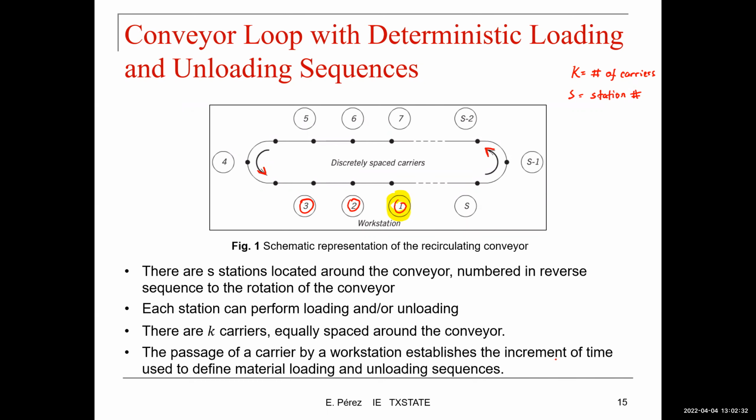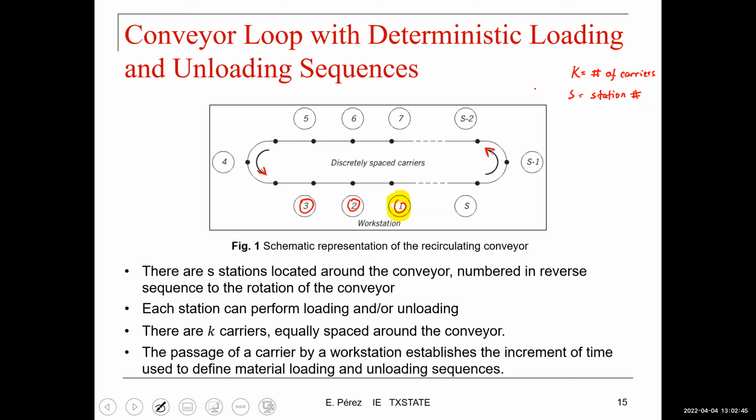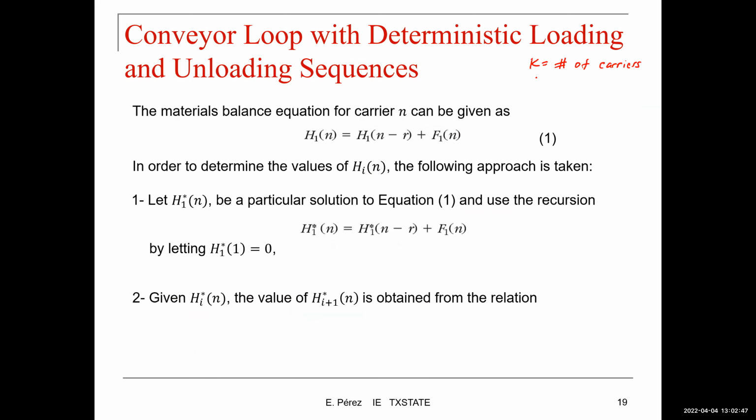K is the number of carriers. S is the number of stations, or the number of the station.